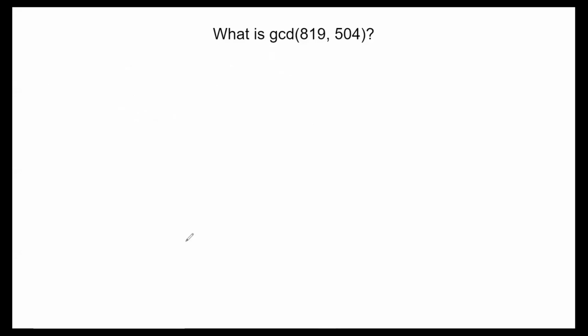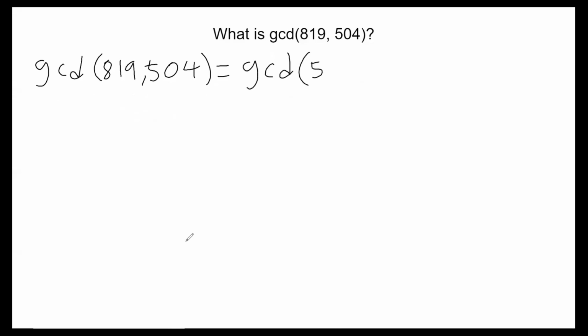So we're asked to find the GCD between 819 and 504. So when you use the Euclidean algorithm one time, 504 is the smaller number. So this is the same as the GCD between 504 and 819 minus 504, which is 315.